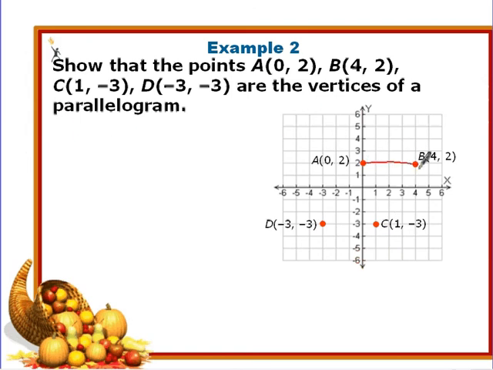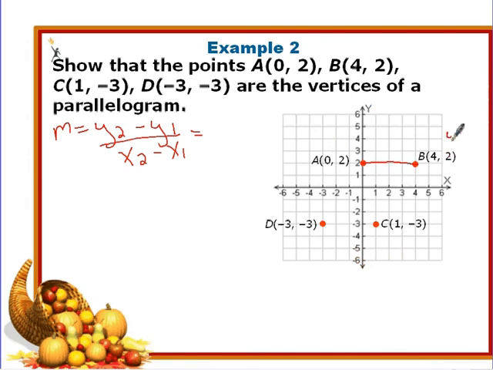Let's find out what the slope from here to here is. Remember, our slope formula is m equals y2 minus y1 over x2 minus x1. We're just going to go fast here.